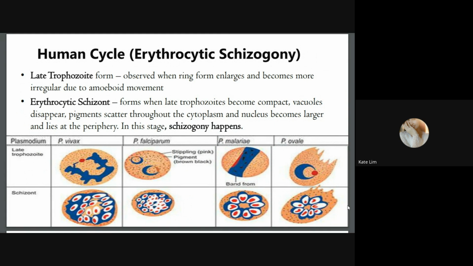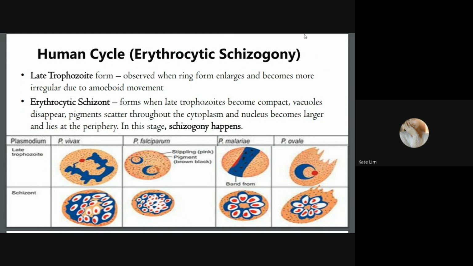The nucleus of the parasite also becomes larger and moves towards the periphery of the cell. During the schizont stage, schizogony happens, which is the process of nuclear division.